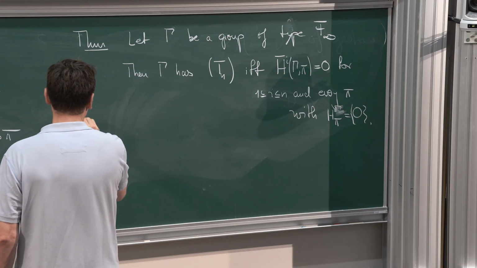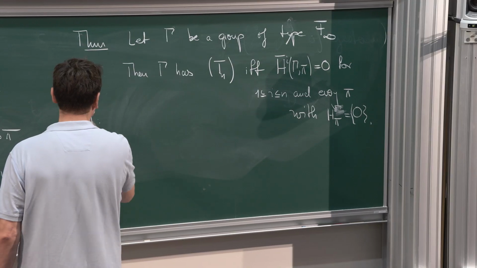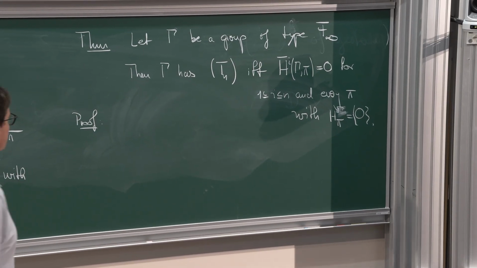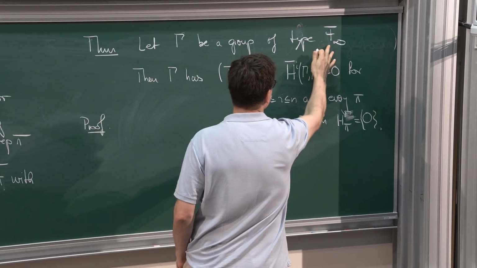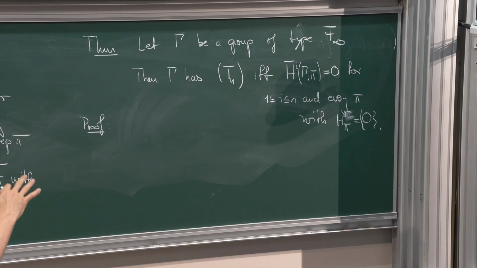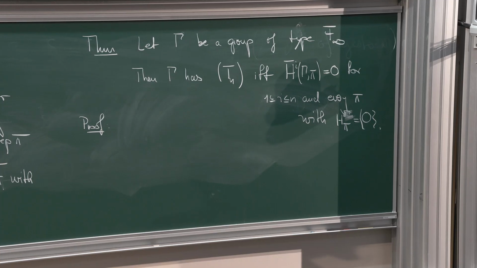So let's prove this. This is relatively easy with what we have now. So the thing is that if you have type F infinity, so you have this nice model space on which your group acts, we've seen that you can compute your group cohomology from a complex which is a Hilbert complex, consisting of Hilbert spaces with boundary differentials.